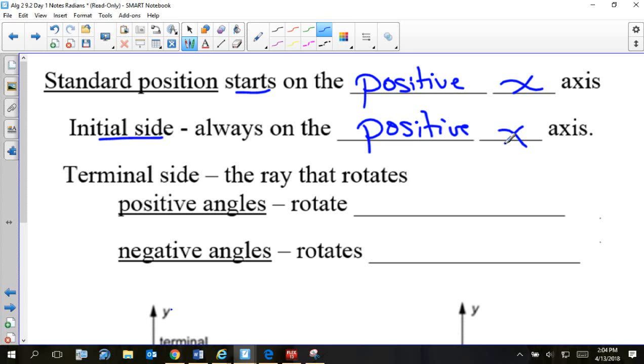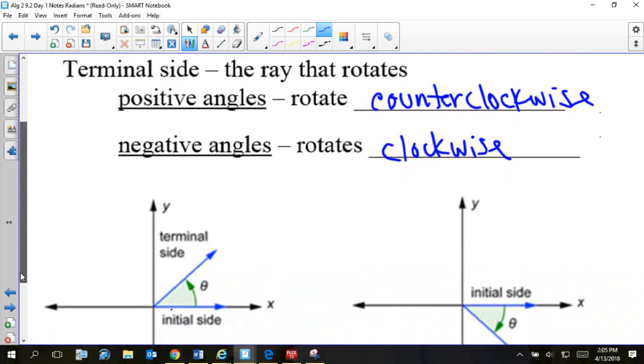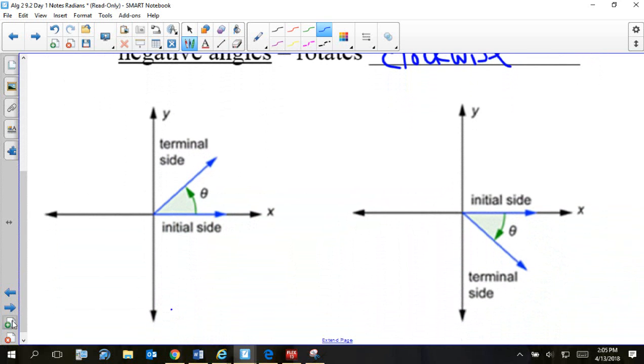Terminal side, the ray that rotates. Positive angles rotate which direction? Counterclockwise. And negative angles rotate clockwise. And then there's two pictures for you.